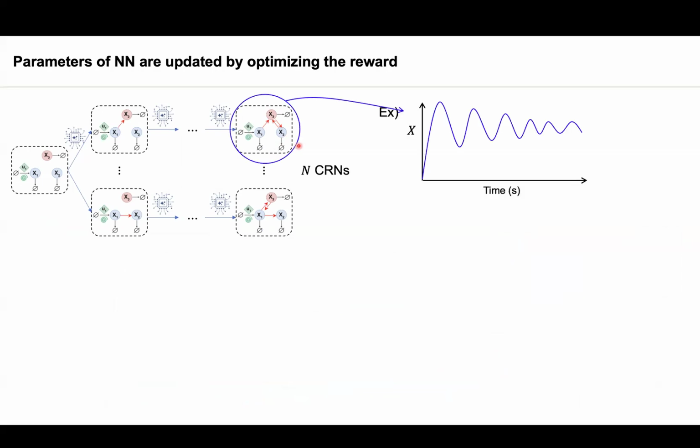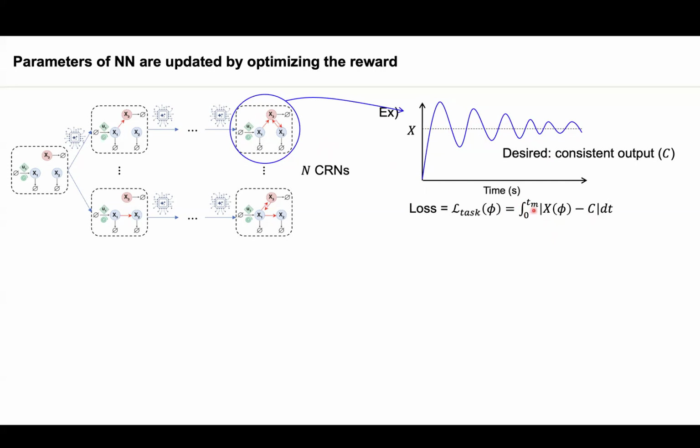For example, if we want a consistent output from the CRN, and the simulation from this sampled CRN is this blue curve, then we set the loss function like this.